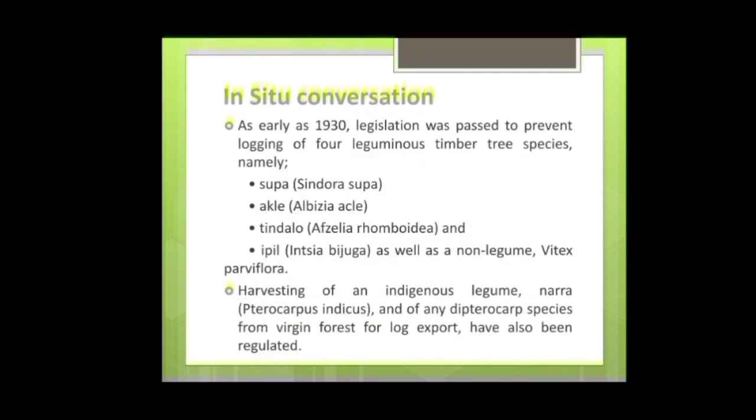In situ conservation. As early as 1930, legislation was passed to prevent logging of 4 leguminous timber tree species, namely Supa, Akle, Tindalo, and Ipil, as well as a non-legume Vitex parviflora. Harvesting of indigenous legume Nara and of any dipterocarp species from virgin forest for log exports have also been regulated.